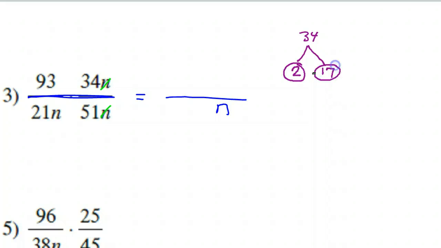I'm going to circle these because this is the end of the line for 34. So 34 can be written as 2 times 17. That's the prime factorization. Let's do that to all of these numbers. So I've now replaced 34 with 2 times 17.